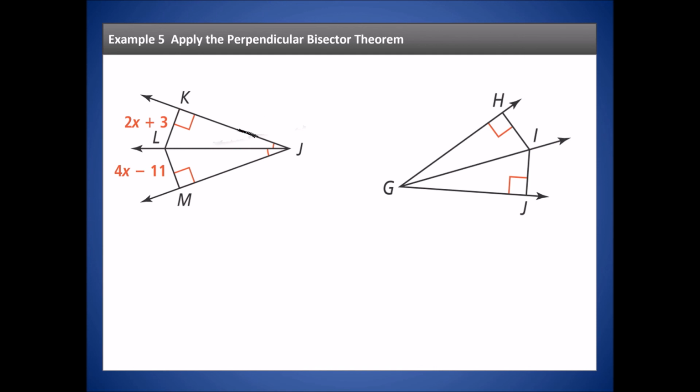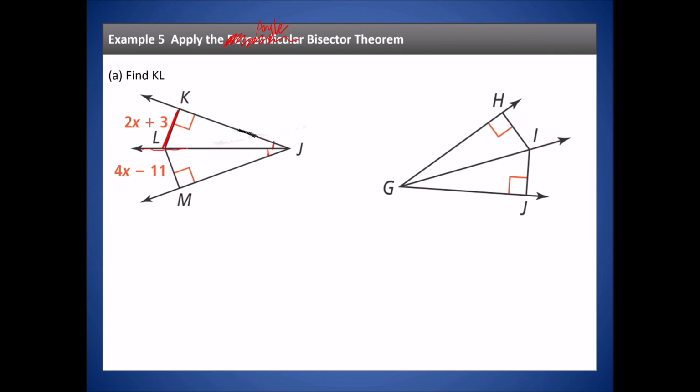So first, looking at this first one, we're looking for KL. So we're looking for this length here, and we can tell that this is a bisector problem. This is not a perpendicular bisector. This should say angle bisector, but we can tell that this is an angle bisector problem because these two angles are the same, and so this is a bisector, right?